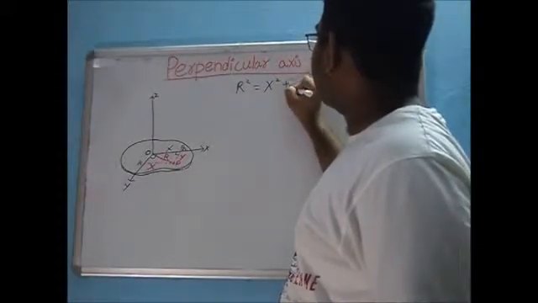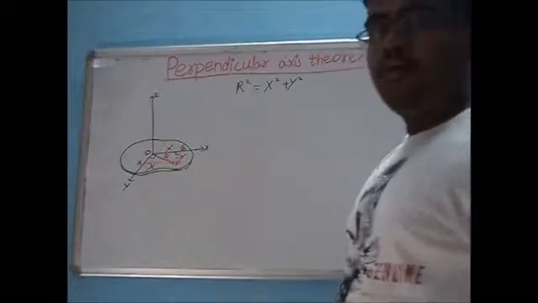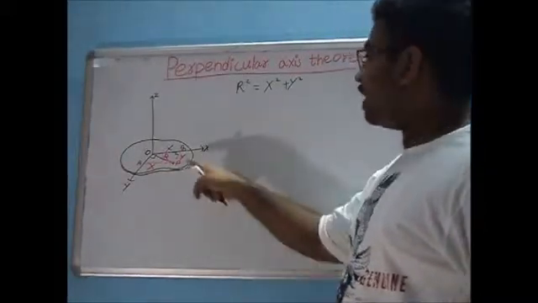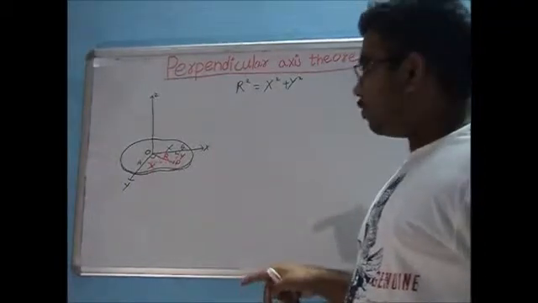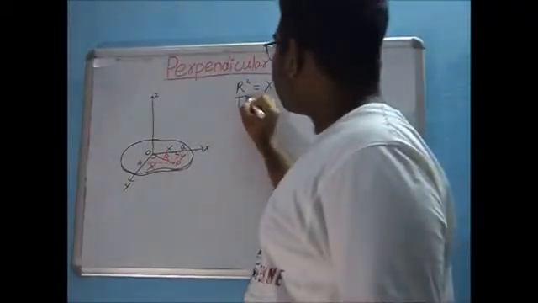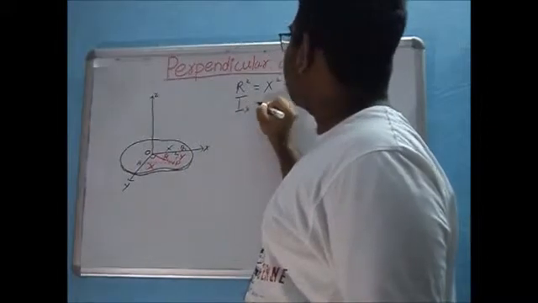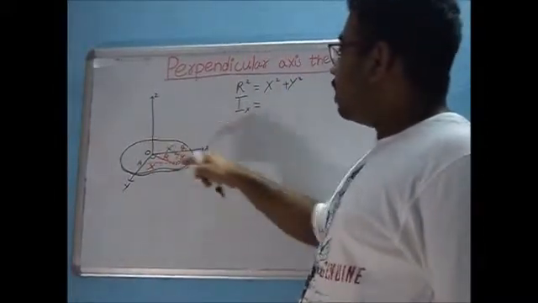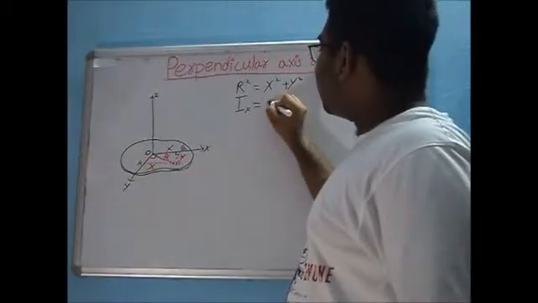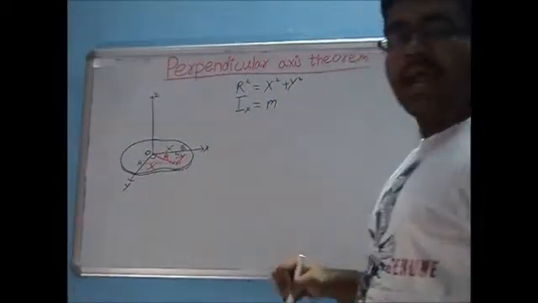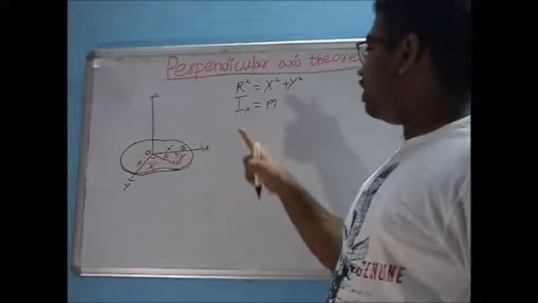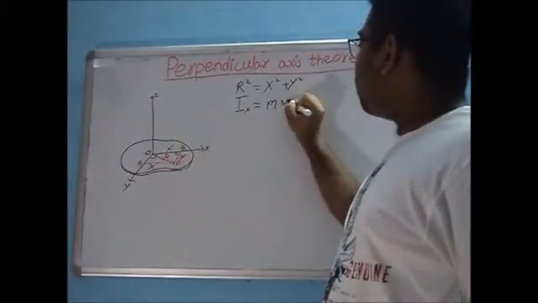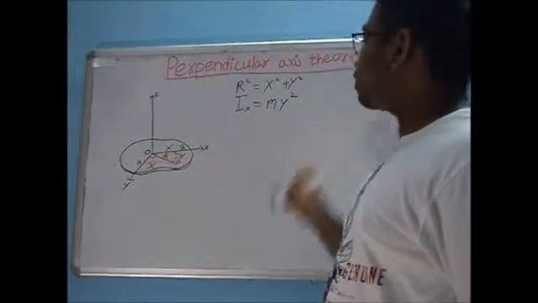Now the moment of inertia along the x-axis of particle P would be equal to the mass of the particle P, let us assume it to be m, times the square of the distance between particle P and the x-axis, which is y square.